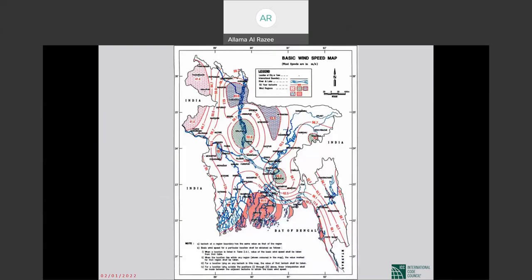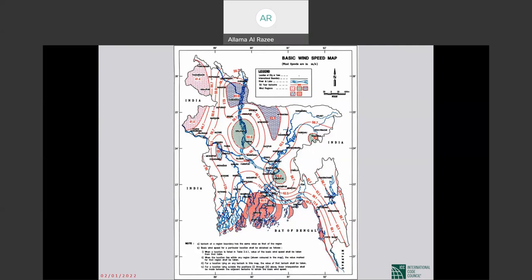So this is the design wind speed map. We say design wind speed; in the standard and BNBC, it is basic wind speed. The same thing, whichever way you like. I somehow never learned to say basic wind speed. I don't know why.